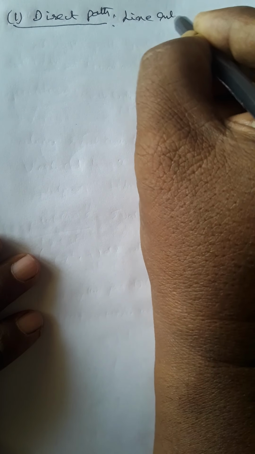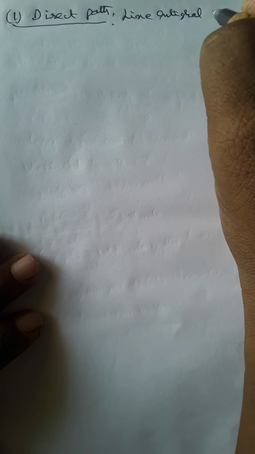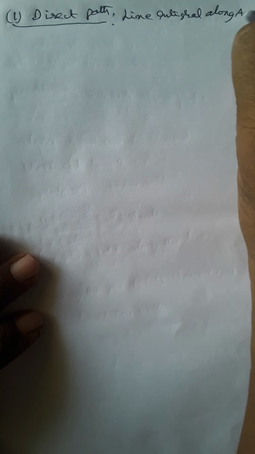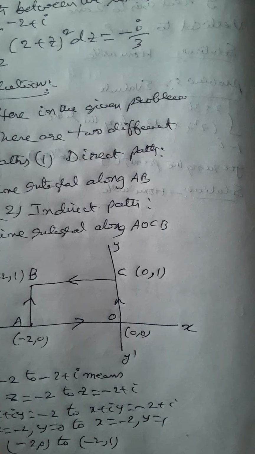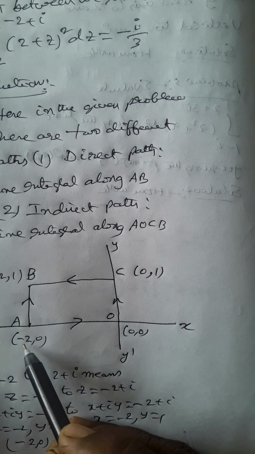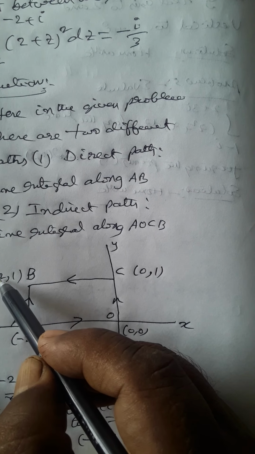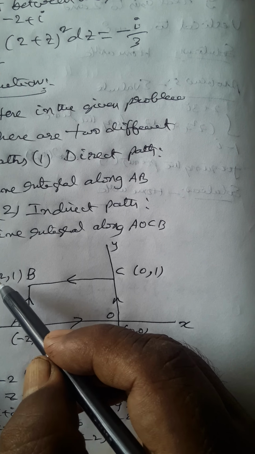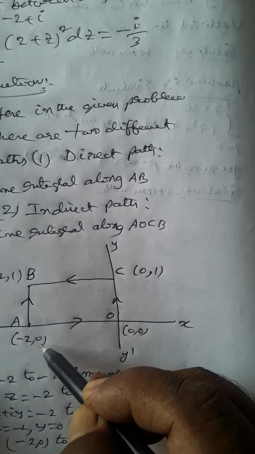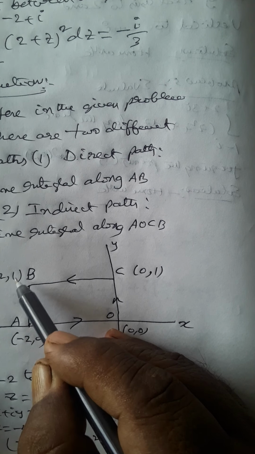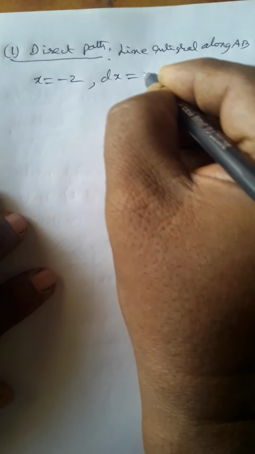Line integral along AB. Along AB, x is -2 at both points, so x is equal to -2, the same coordinate. Next, y varies from 0 to 1. dx is equal to 0.